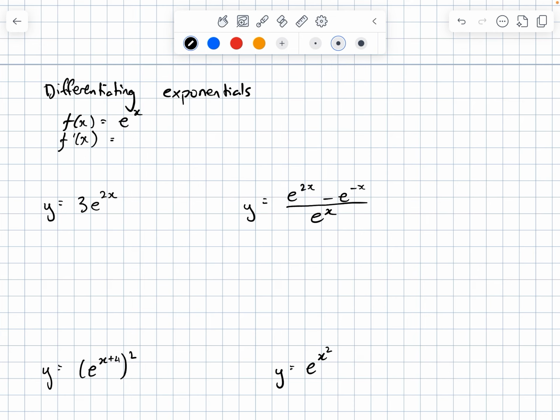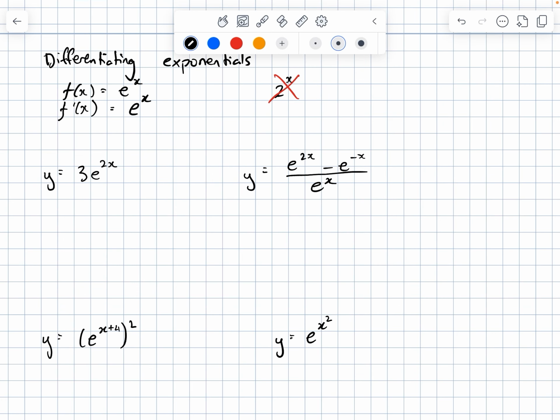So the derivative is also e to the power of x, and that is by definition. And so we are going to use that rule to allow us to differentiate harder exponentials. We are not going to look at functions in the form 2 to the power of x or anything other than e in level 3.